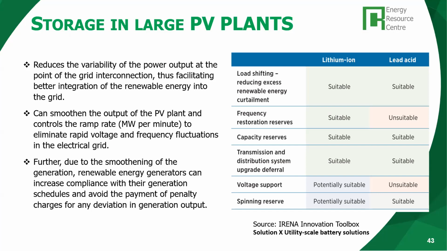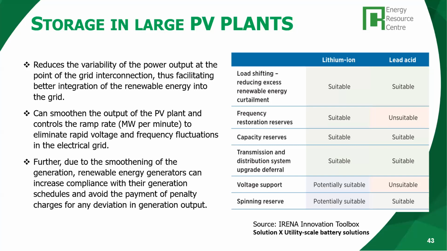But in a nutshell, the storage will reduce the variability of the power output of the PV farm, and that is very much appreciated. From the grid point of view, it will smoothen the output of the PV plant in the event of a cloud, a sudden drop in the power plant's production.